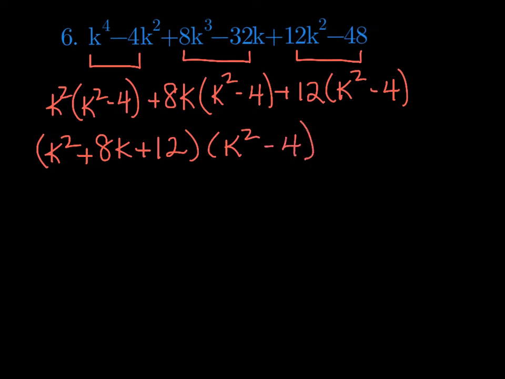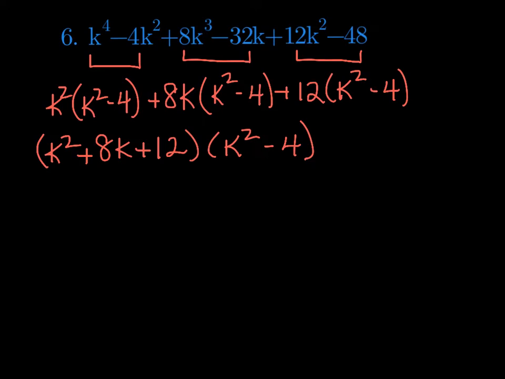All right, so I did a great job here, but I'm not done yet, because what I need to realize is I have something that's a trinomial here, and I know I have to look for something that adds to 8 and multiplies to 12.